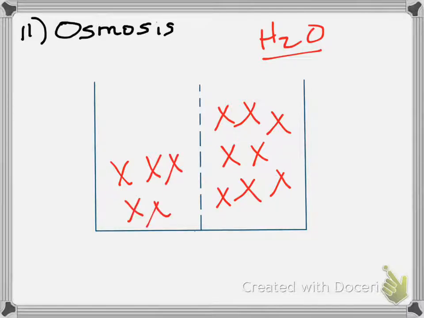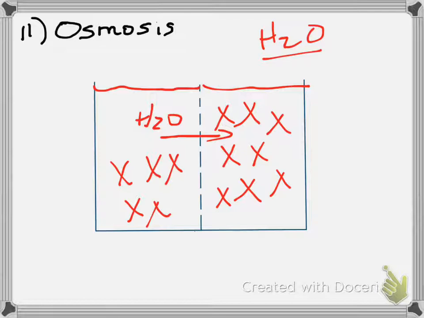And what will happen is, if this is my water level, let me just redraw that. If this is my water level here, then over time the water, so H2O, will move across the membrane until the concentration, so again the square brackets mean concentration, is equal.